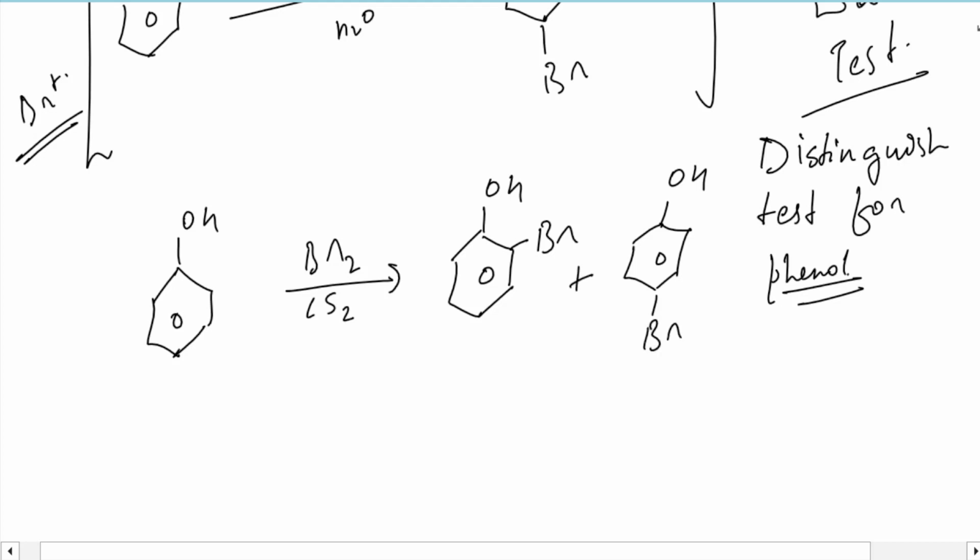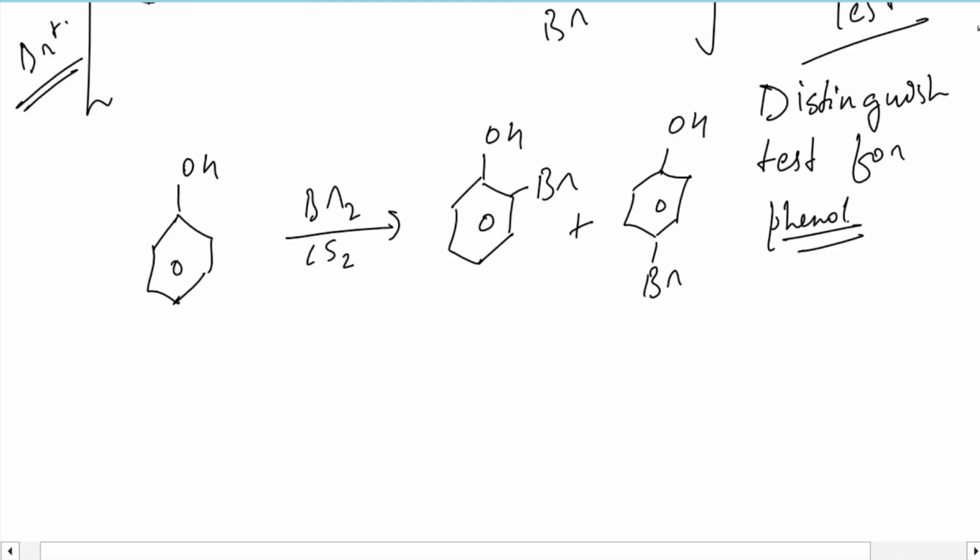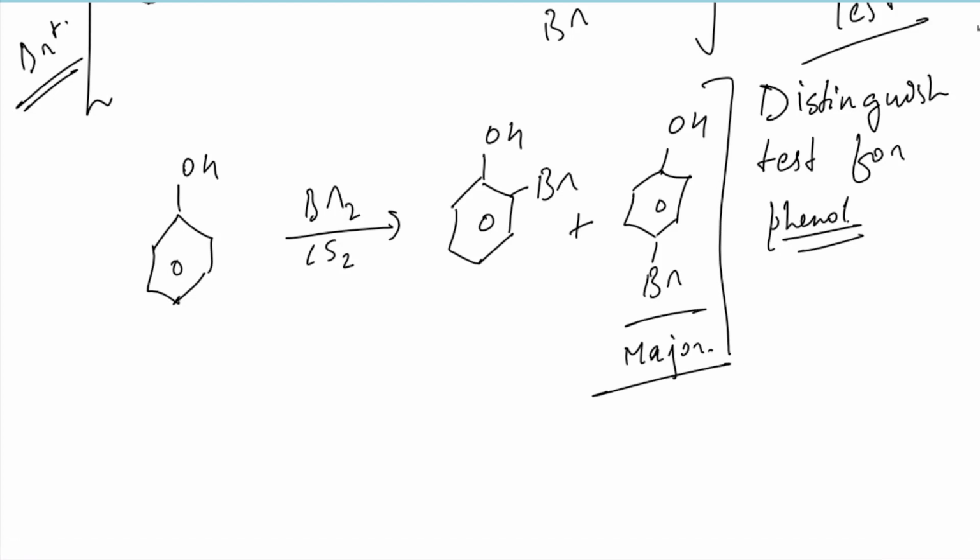So Br2 is a non-polar molecule, but the polarity of phenol helps in generation of Br positive, and if we use a non-polar solvent, it will be generated in a lesser amount, and ortho and para bromophenol will be formed here, and definitely para will be the major product because it is more symmetric. So CS2, a non-polar solvent, you have to use here.